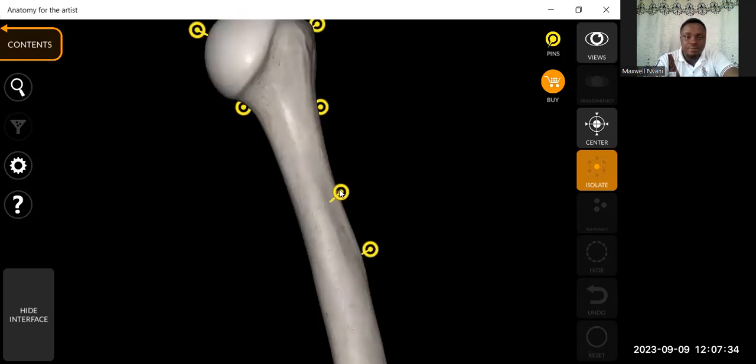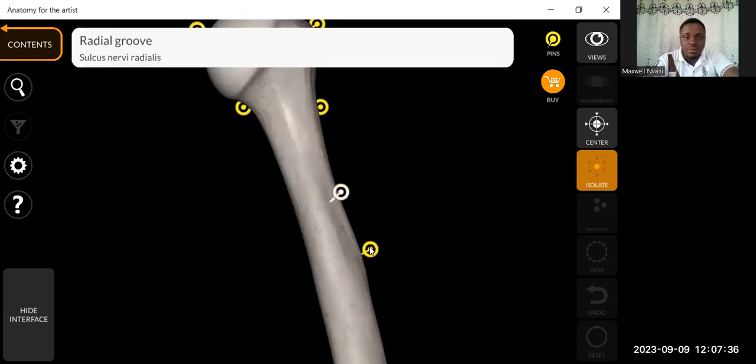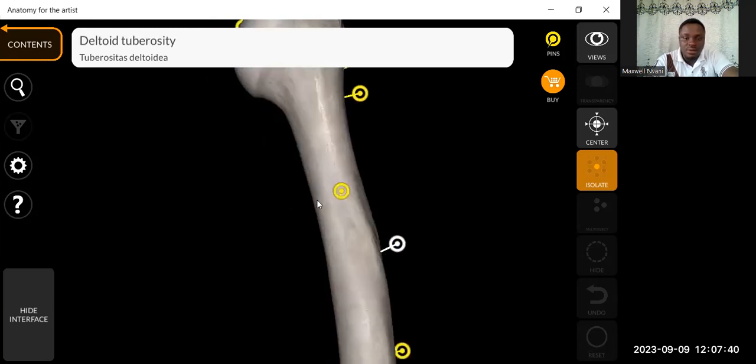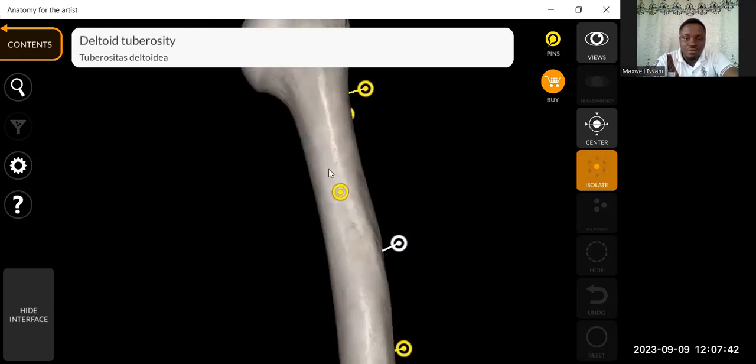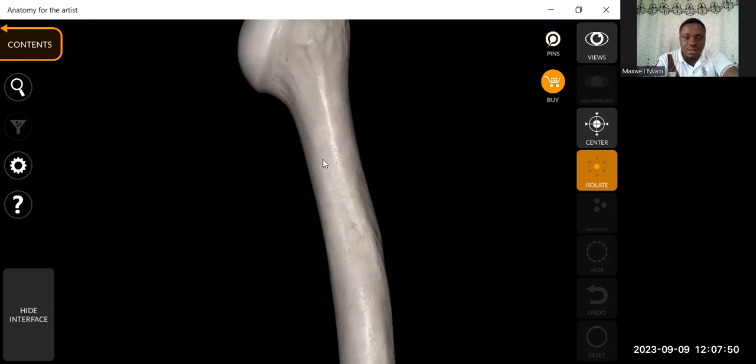You can see this groove right here, where my cursor is. That is called the radial groove. It's located on the posterior surface, the radial groove right here.